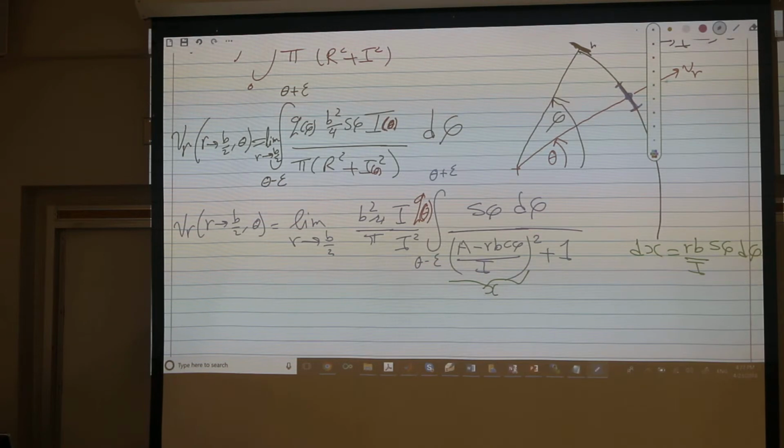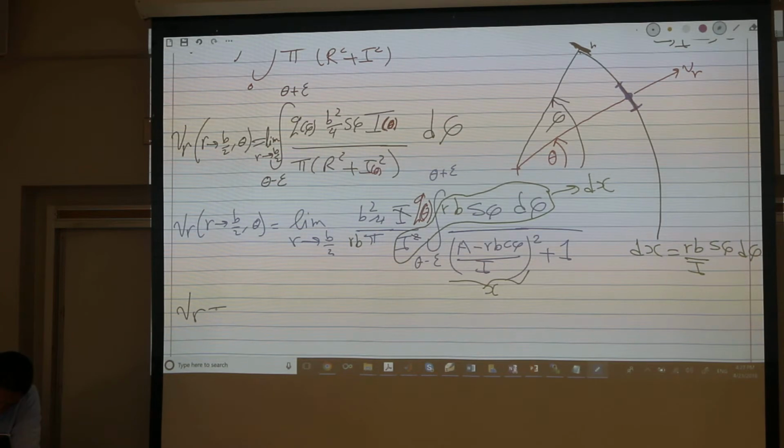So, and what else? Remember here you have I with I squared. So I'll multiply here with RB and divide here outside with RB, and now you have this guy. This is actually d chi.